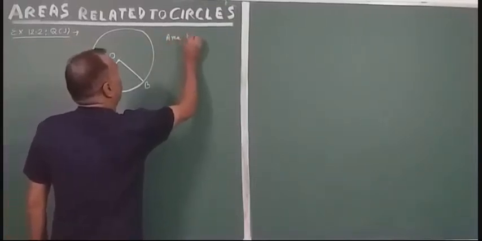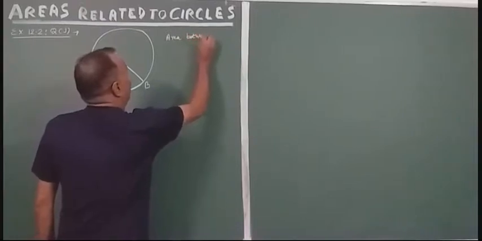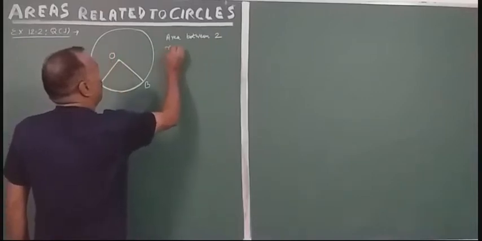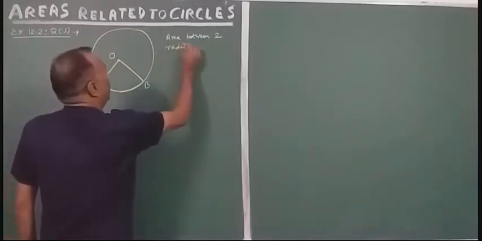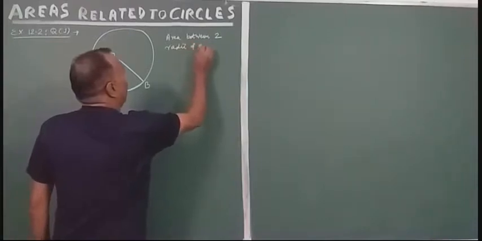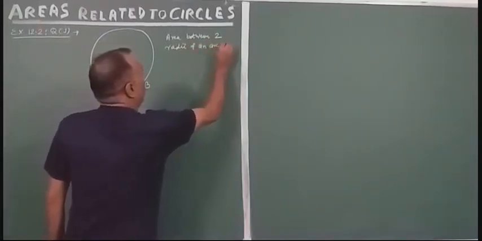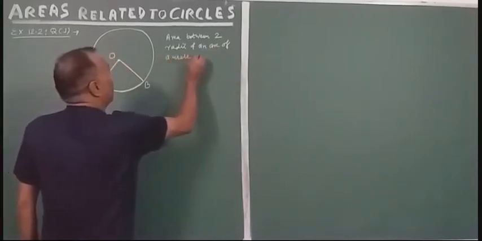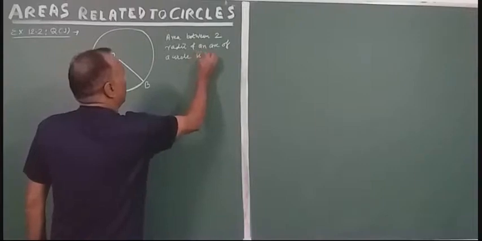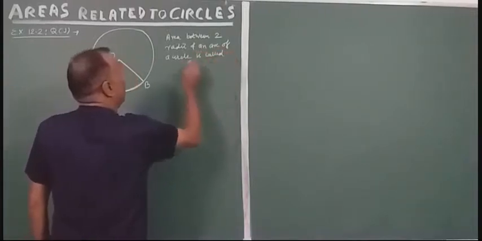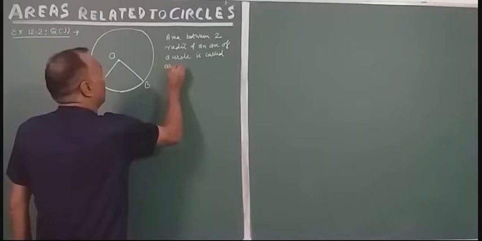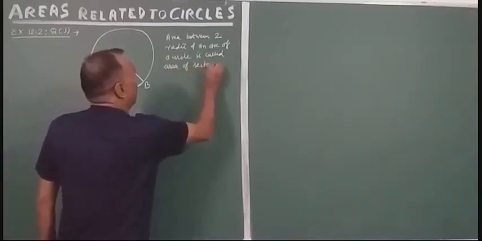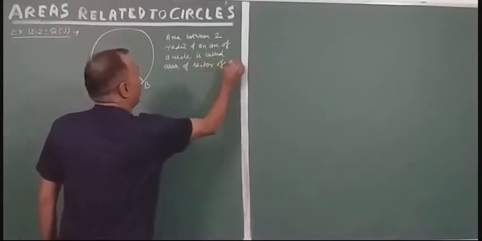Area between two radii and an arc of a circle is called area of sector of a circle.